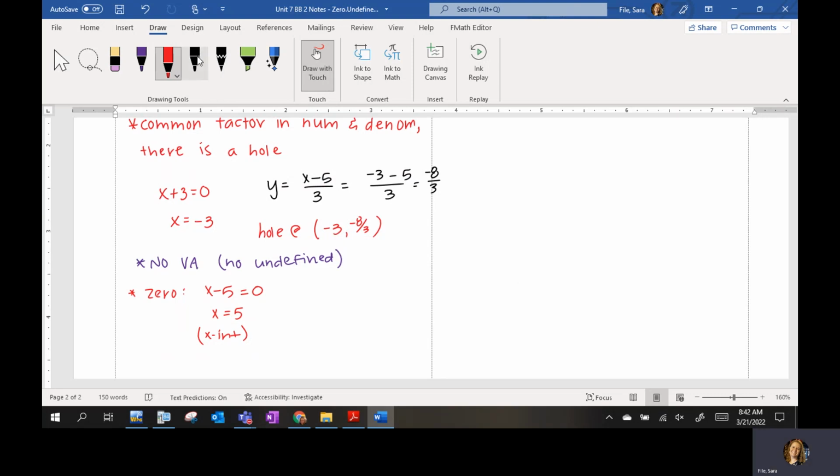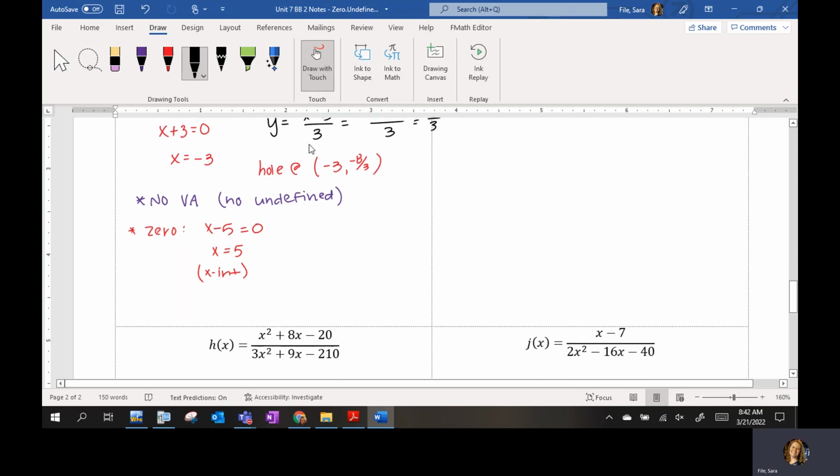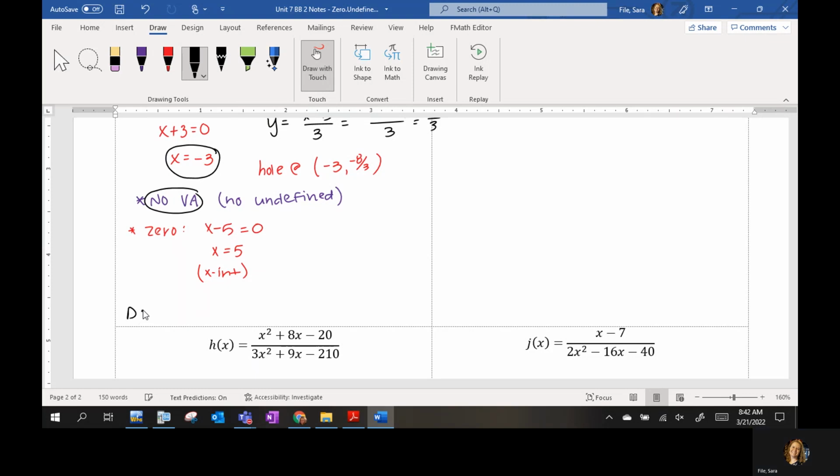So when we want to write our domain, what matters is the hole, the x value of the hole, and the x value of the vertical asymptote, which there is none. So those are the two things that matter for my domain. So my domain is going to go from negative infinity to negative 3.